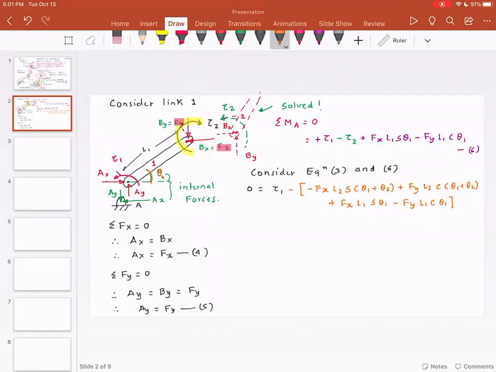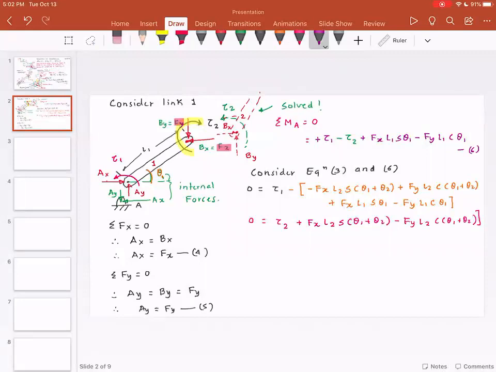The earlier expression that we had, and I will write it down again just for reference, was 0 is equal to tau 2 plus f of x L2 sine theta 1 plus theta 2 minus Fy L2 cosine theta 1 plus theta 2.